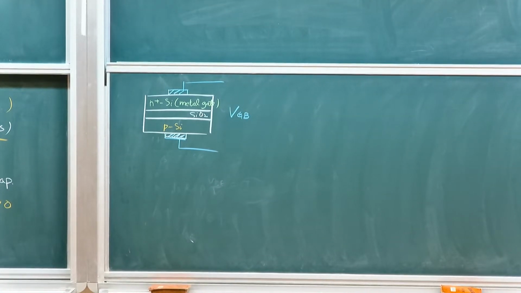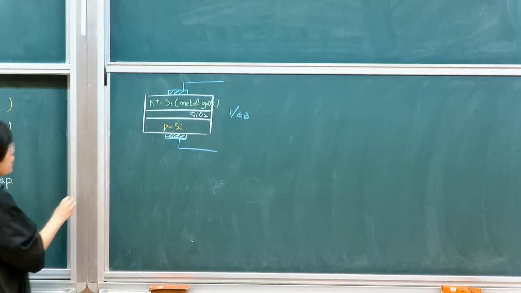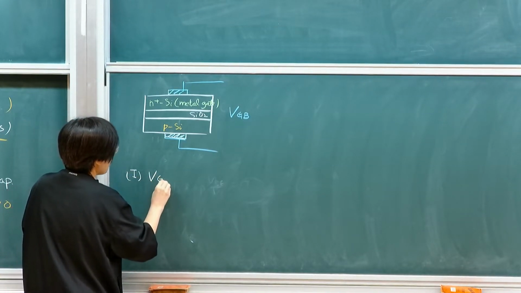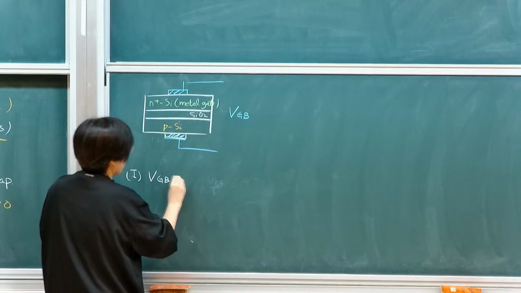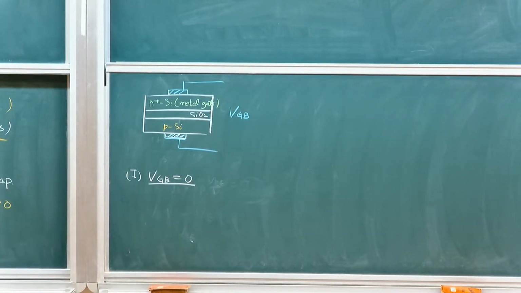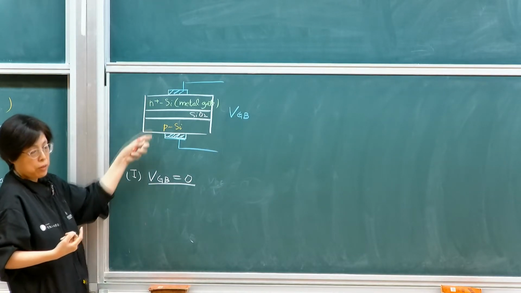There are three important operation regions we want to talk about. One is when you're not applying any bias. This is the same as if you take out the silicon dioxide. This is a PN junction, an N+ P junction.